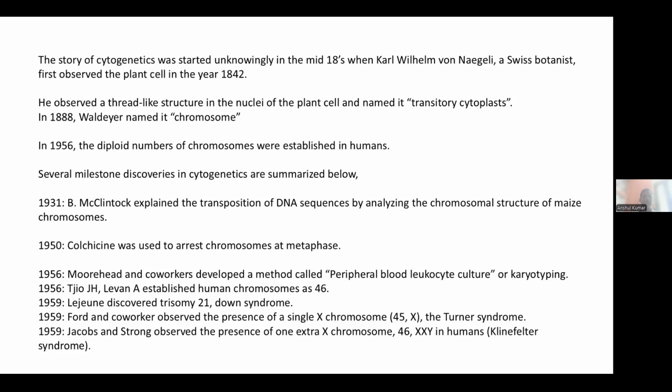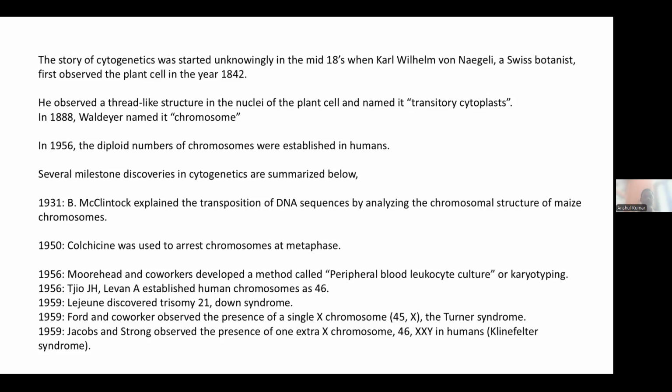In 1956, Moorhead and co-workers developed a method called peripheral blood leukocyte culture for karyotyping. The credit for peripheral blood leukocyte culture goes to Moorhead and his co-workers. In 1956, J.H. Tjio and Levan established the human chromosome number as 46.